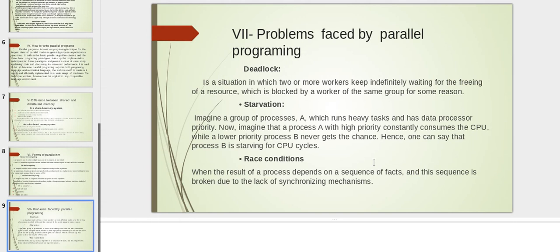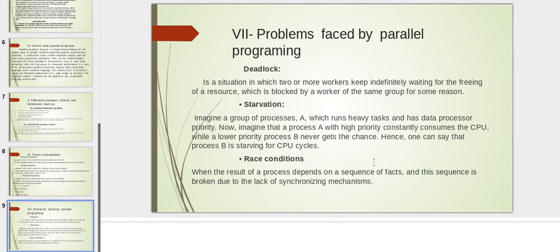Then we have starvation. Like the name says, a process is starving to have resources. Imagine a group of process A which runs heavy tasks and has data processor priority. Here we're talking about the priority of each task. Imagine you are trying to compile a document and do a calculation of addition.